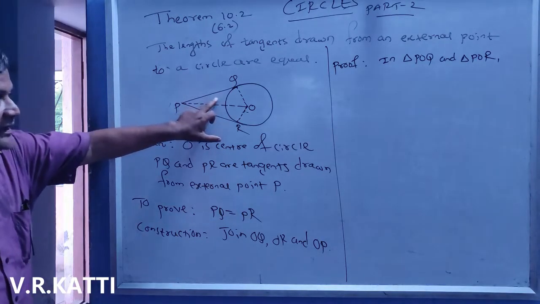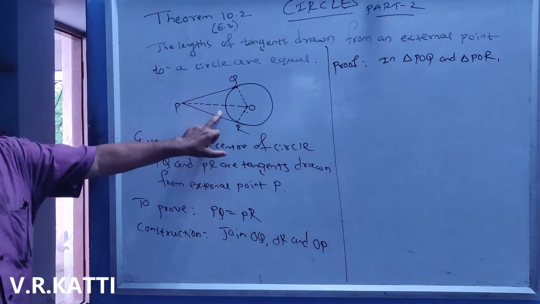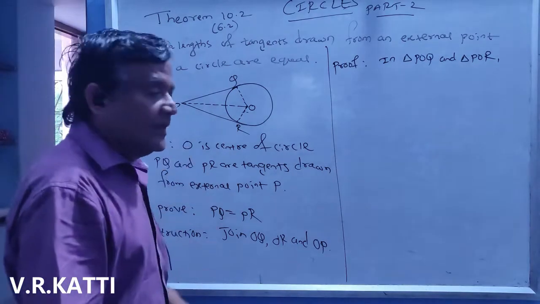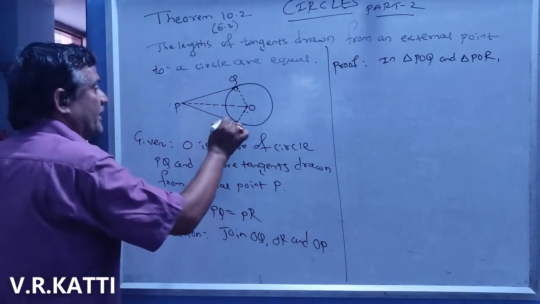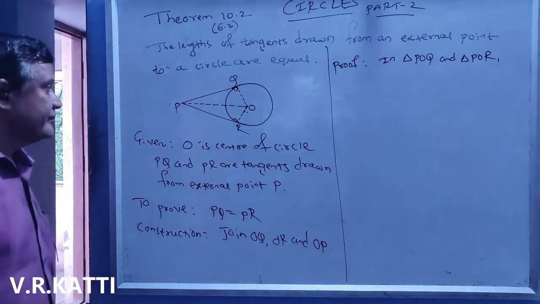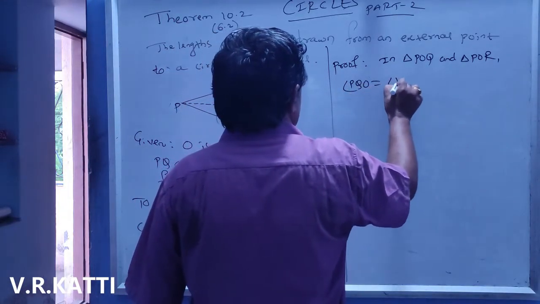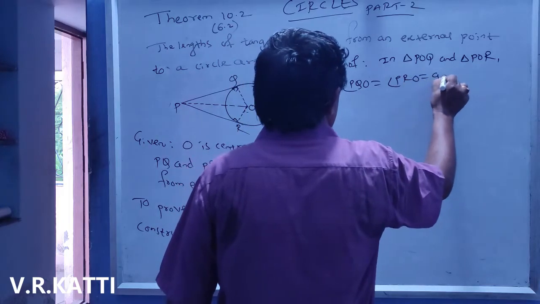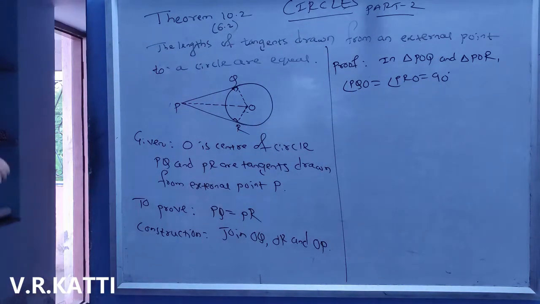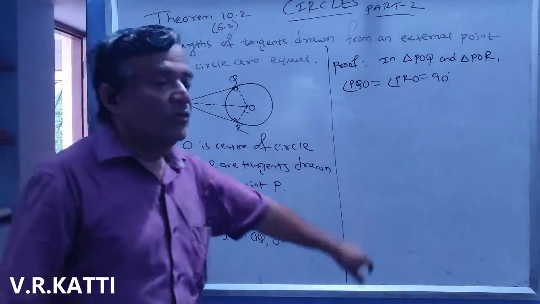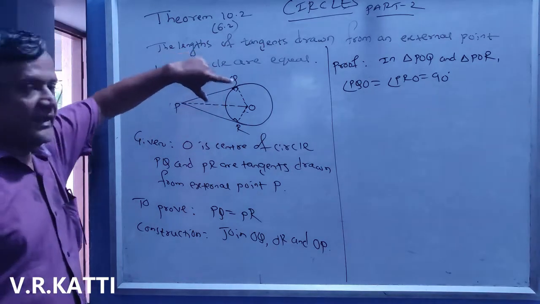That is why, in triangle POQ and triangle POR, angle PQO equals angle PRO equals 90 degrees.